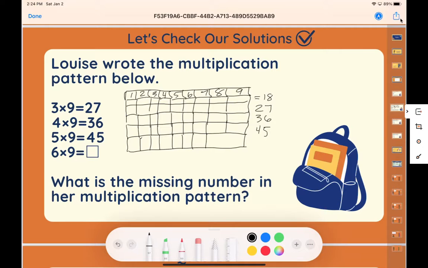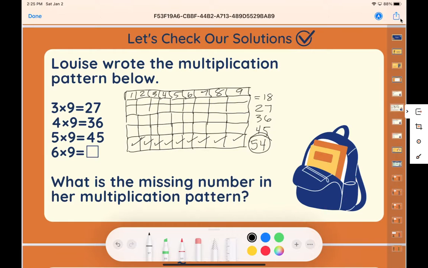And so one strategy that I could use in order to figure out what 6 times 9 is using my pattern would be to count on from 45. 46, 47, 48, 49, 50, 51, 52, 53, 54. 6 times 9 is 54. 54 is the number that is missing from my pattern.